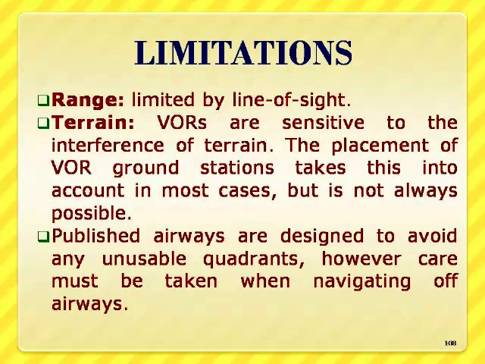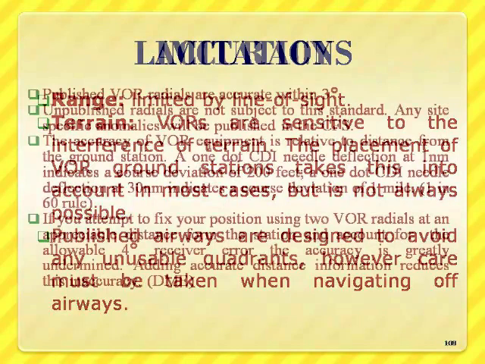VORs are sensitive to the interference of terrain. The placement of VOR ground stations takes this into account in most cases, but not always. Published airways are designed to avoid any unusable quadrants. However, care must be taken when navigating off airways.